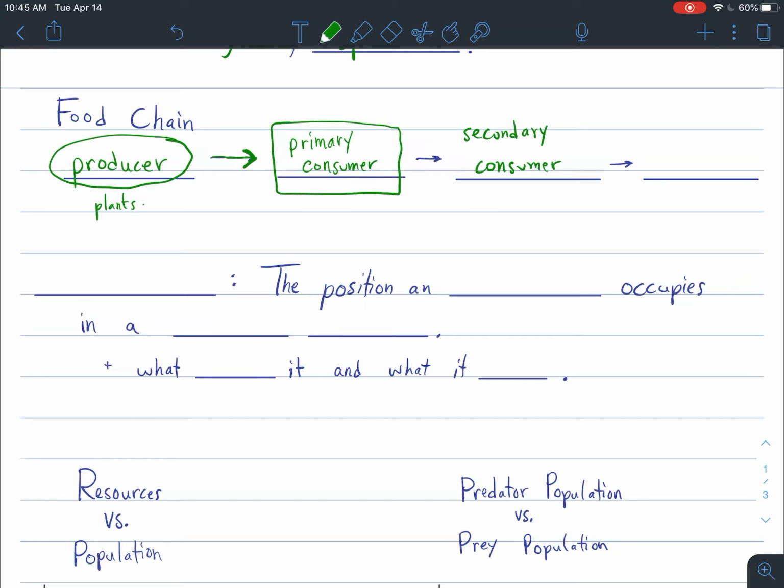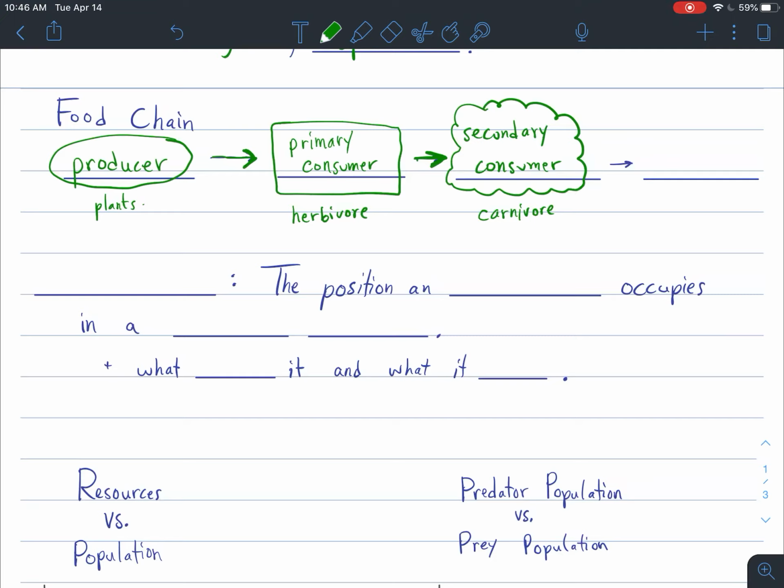The secondary one eats the primary one, and the energy from the primary one goes into the secondary's stomach. That's why we draw the arrow in that direction. Now, if we talk about what these types of animals would be, a primary consumer is what we would call an herbivore, because they eat the plants. And if an herbivore gets eaten by a secondary consumer, then the secondary consumer is what we would call a carnivore, meaning that they eat meat.